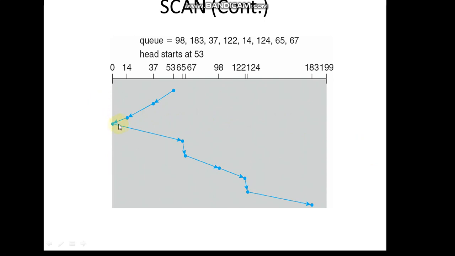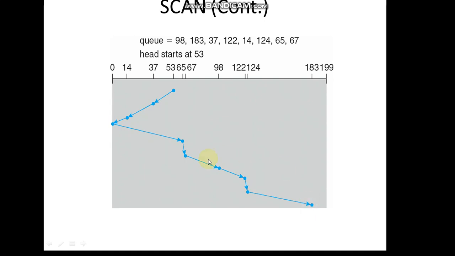On the way, whichever requests are there in the queue are serviced. 14 and 37 are already done. Till 65 no other cylinders are available, so it will directly go to 65, then to 67, then 98, 122, 124, 183. This way the SCAN algorithm works.